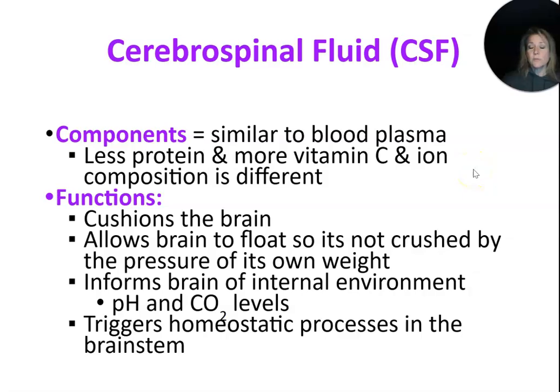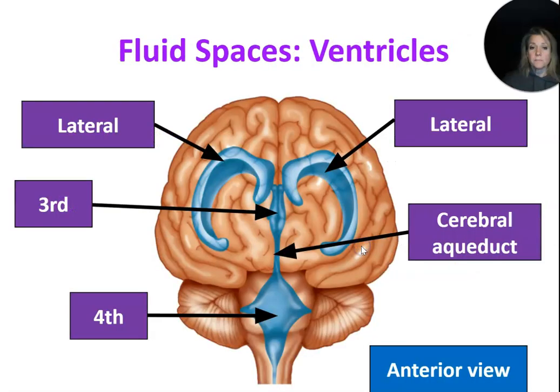It's also going to inform the brain of carbon dioxide and pH levels inside of our bodies in order to trigger homeostatic processes to make sure that those values remain balanced.